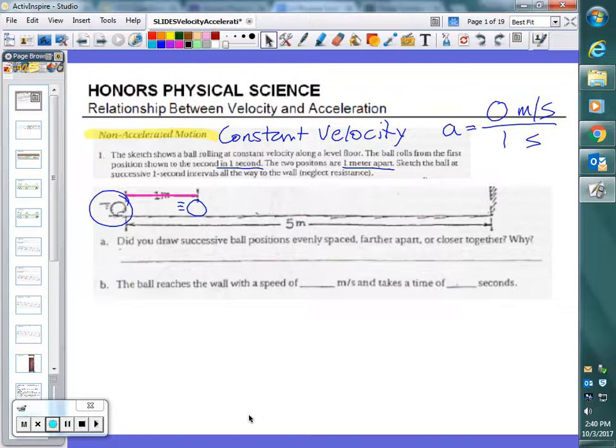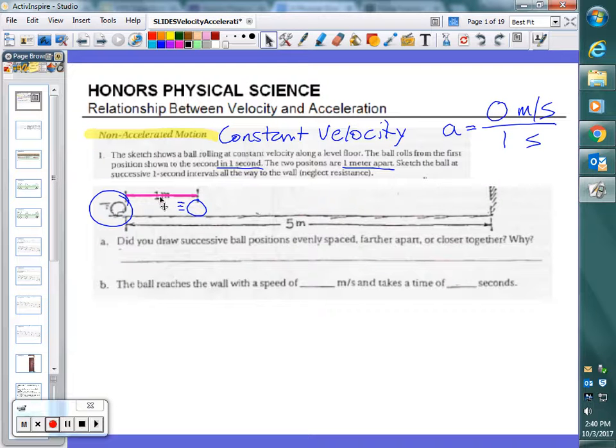All right. If the acceleration is 0, if it took 1 second to go 1 meter, in the next second, how far is the ball going to go? Well, 1 more meter in 1 more second, right? Yes? Okay.